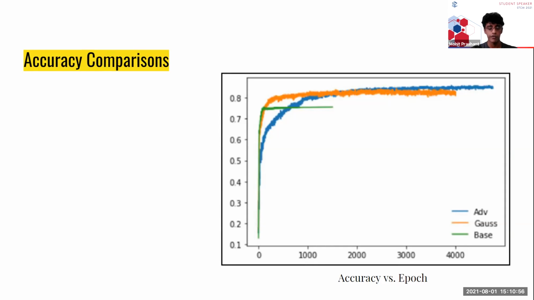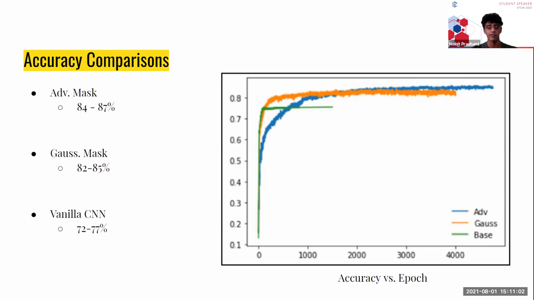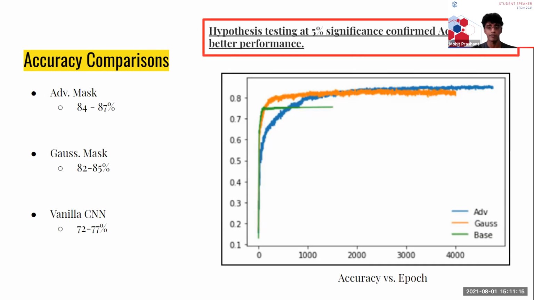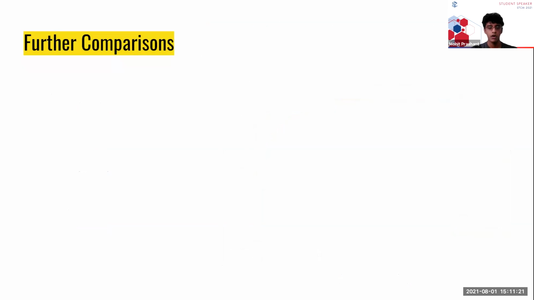Just to give you figures over the course of the 50 trials, within one standard deviation of the mean, we would see something like 84 to 87% for adversarial mask versus 82 to 85% for a Gaussian mask, and 72 to 77% for a convolutional neural network. Now, a hypothesis test was conducted at a 5% significance level, and it was confirmed that our adversarial mask had better performance.